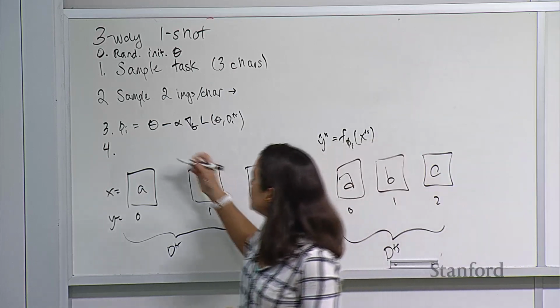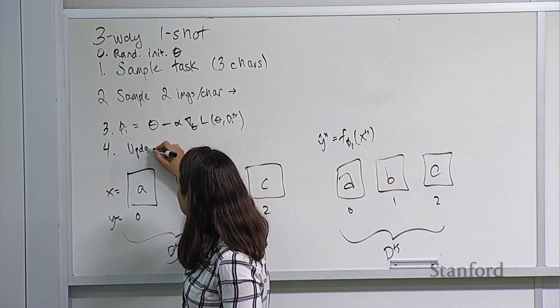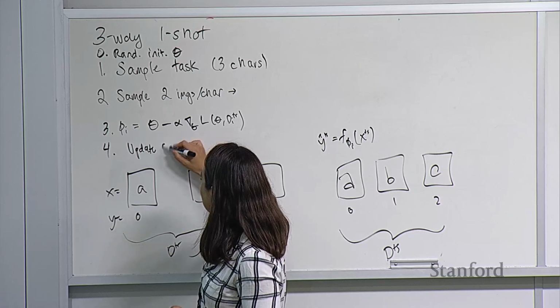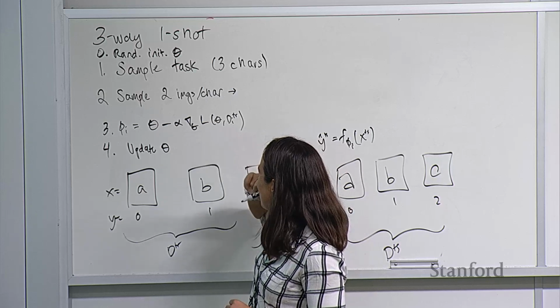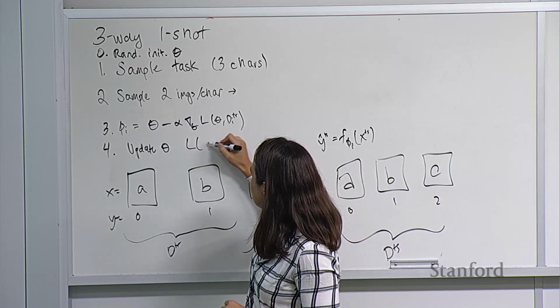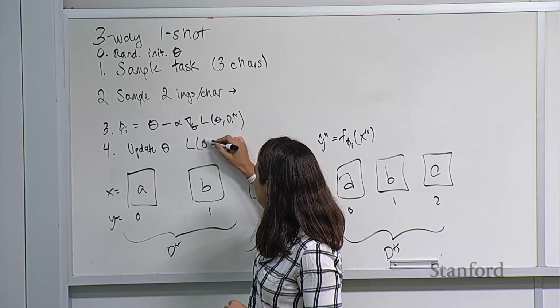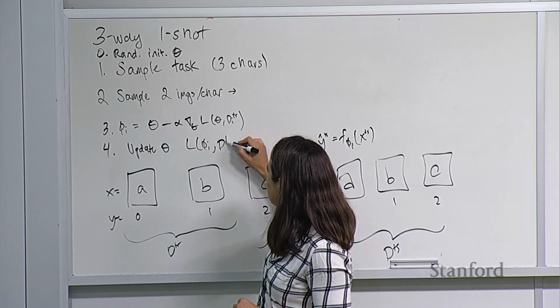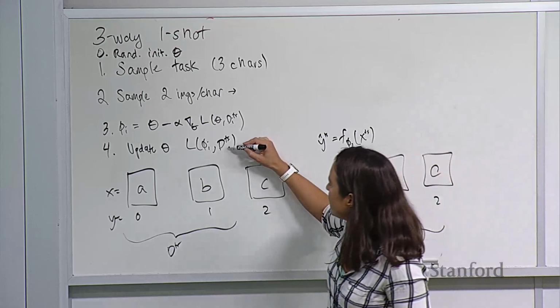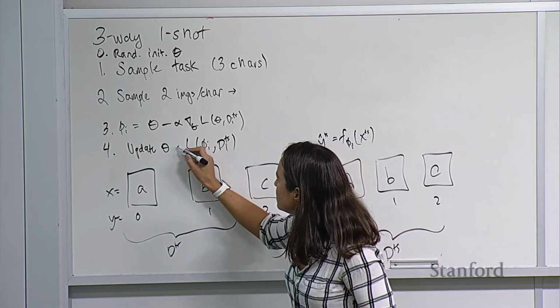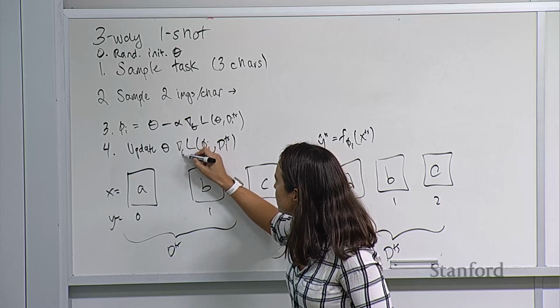And so, in particular, we'll have an update on theta, which will be based off of how well phi I is doing on your held out examples d-test for task I. So this will be based off of ultimately the gradient of this.